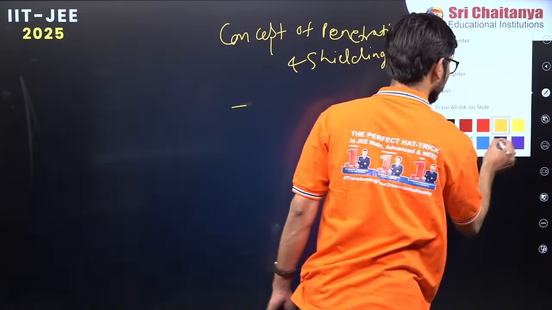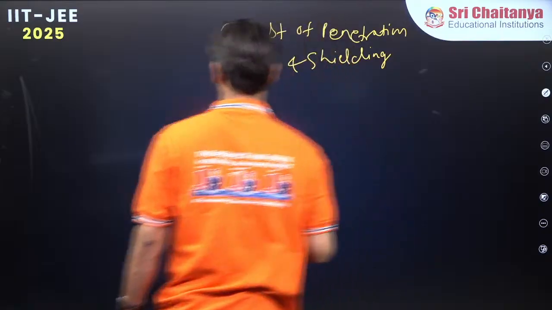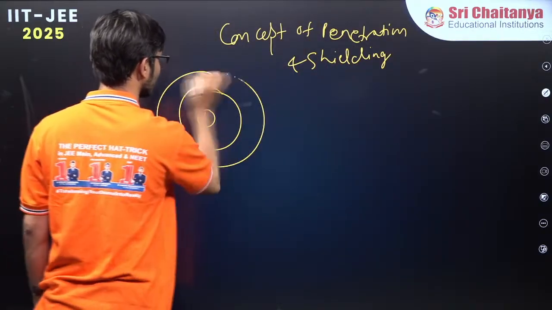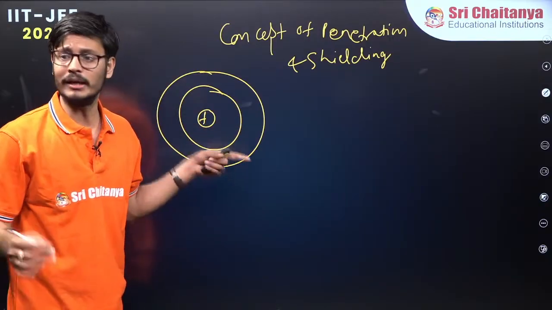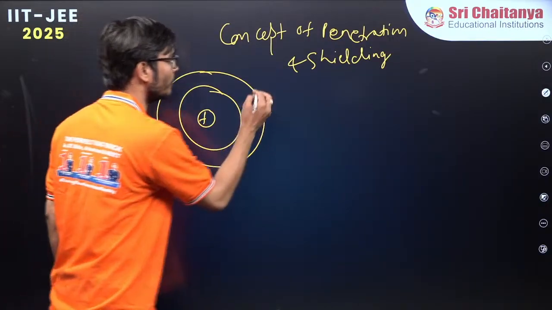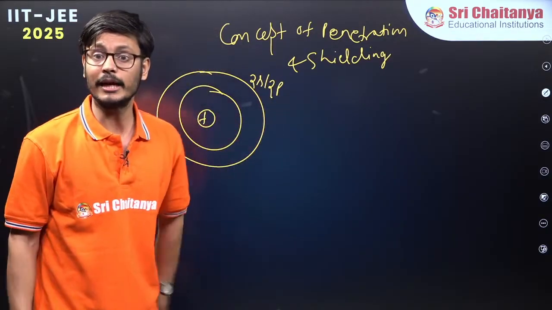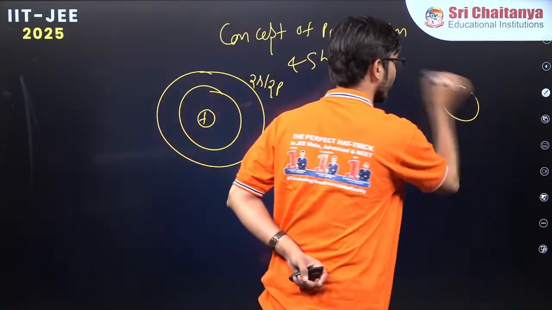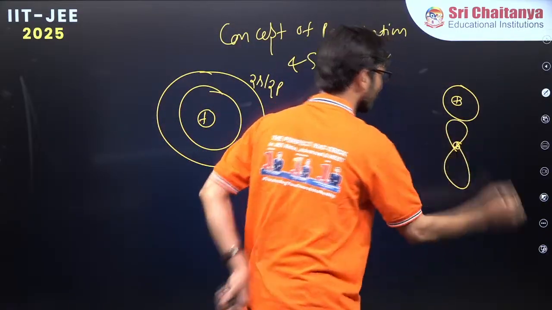Let us say we have the first orbit and the second orbit, something like this. In the first orbit, we have only the s orbital. But in the second orbit, we have the 2s orbital as well as the 2p orbital. The shape of s is spherical, this is the nucleus, and the shape of p is dumbbell.